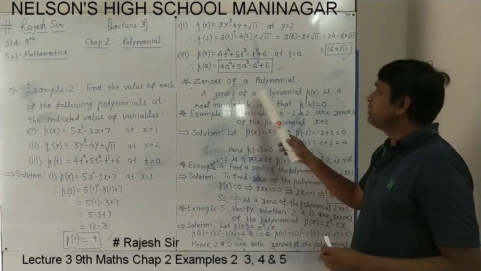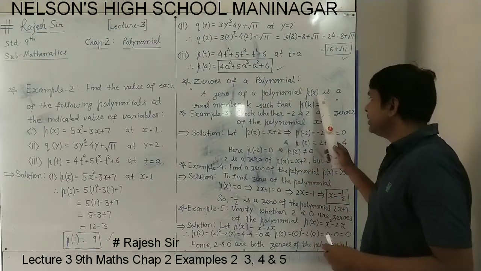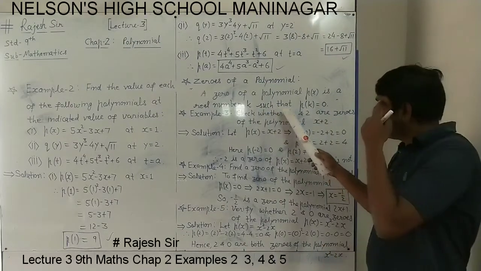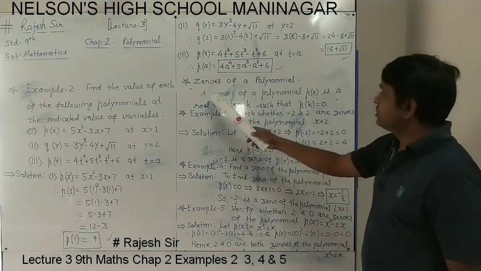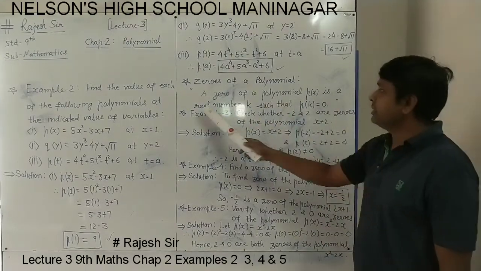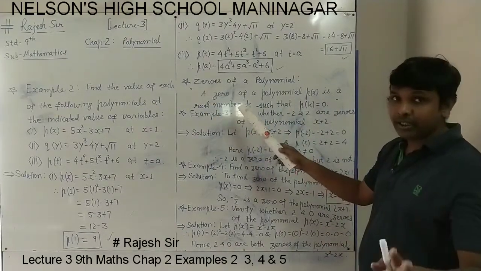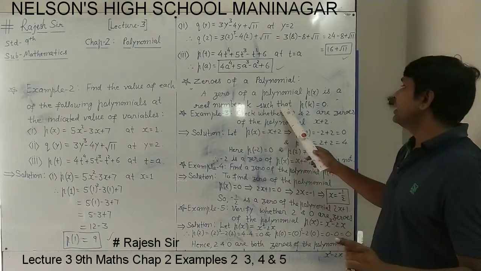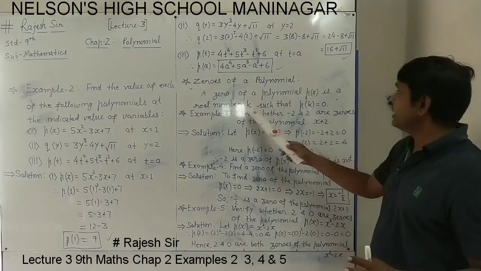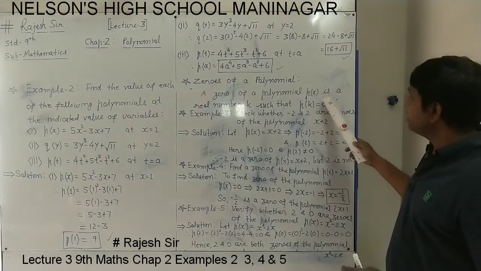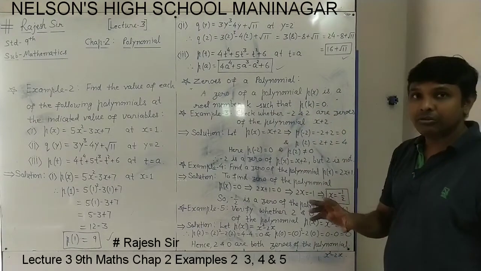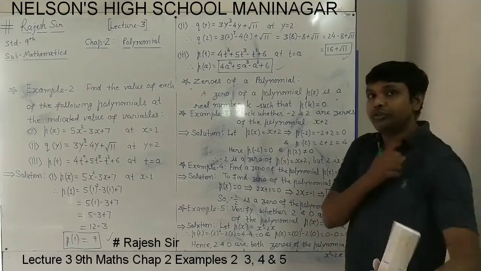If k is a zero of the given polynomial p(x), then it should satisfy p(k) = 0. That is, if you replace x by k, it will be p(k), and its value becomes 0, the whole polynomial's value becomes 0 for that value of k.